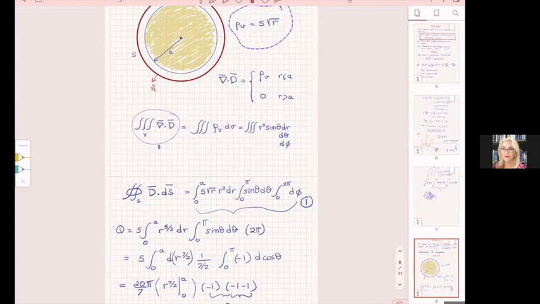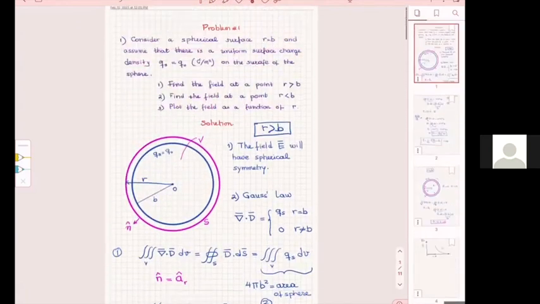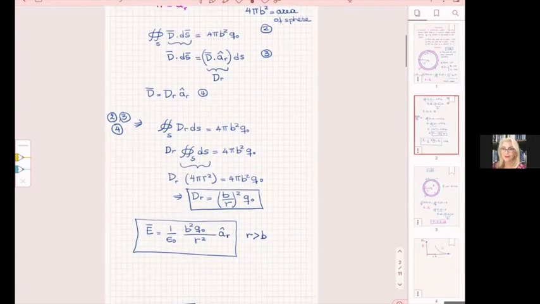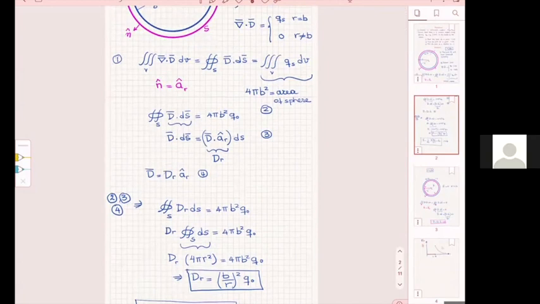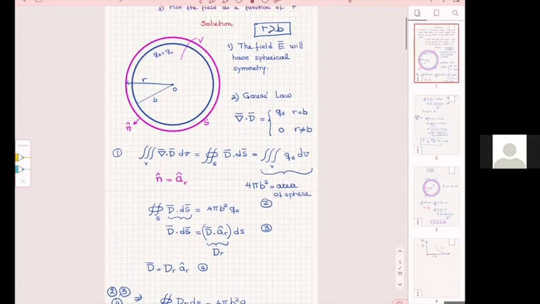I have a question. Yes, go ahead. For problem number 1, I was just kind of confused on where we got the b squared on top of the electric field. B squared. Okay. The B squared came out of the charge, from here.